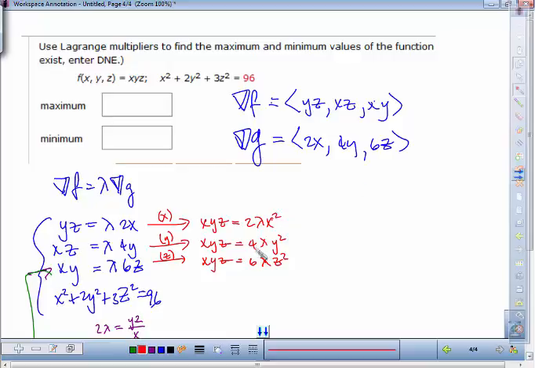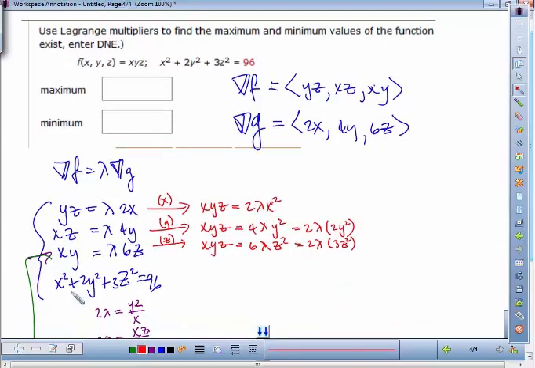I guess I should have written the other two a little bit more carefully. I can rewrite this as 2 lambda times 2y squared, and I could rewrite this as 2 lambda times 3z squared. And if I write it like that, the right-hand side looks awfully close to the constraint.